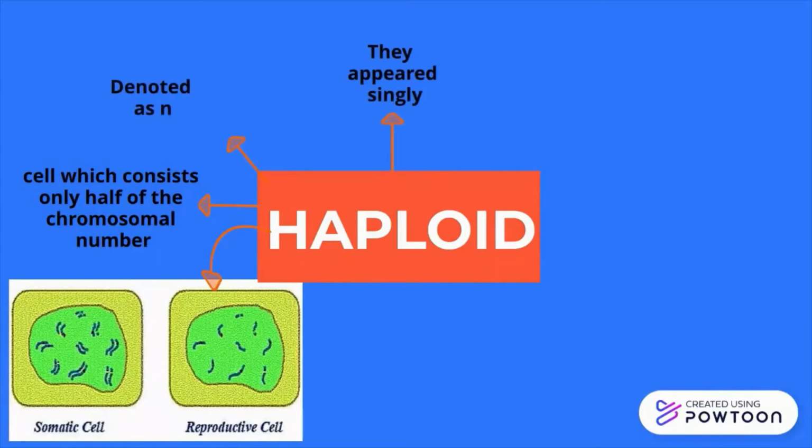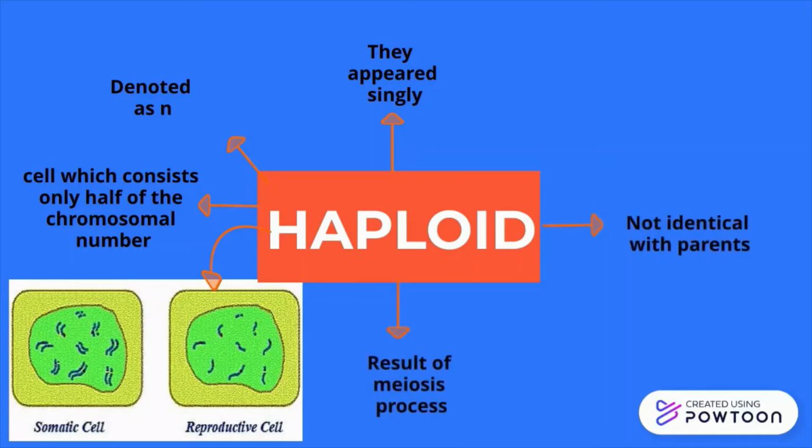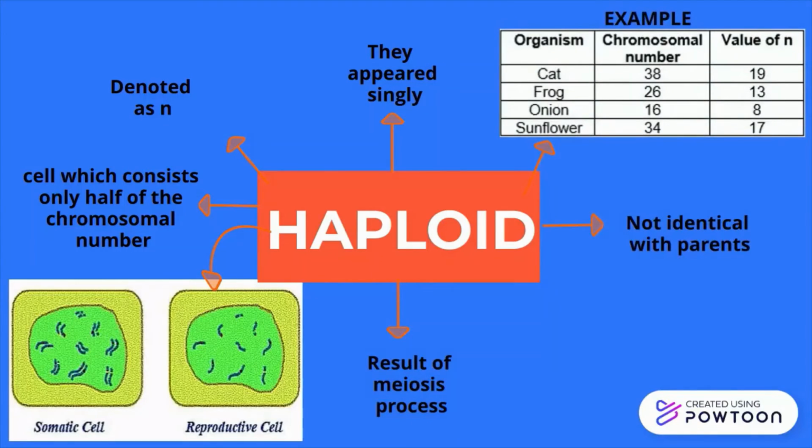They appear singly and are denoted as N. They are not identical with their parent cell and are the result of the meiosis process. For example, if the number of chromosomes in the diploid cell of the cat is 38, then the number of chromosomes in the haploid cell of the cat is 19. This can also be written as N equals 19.